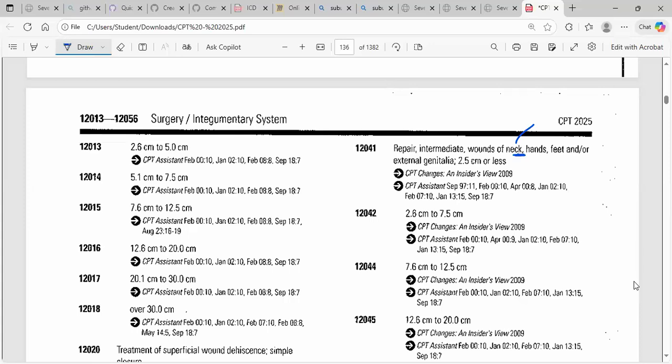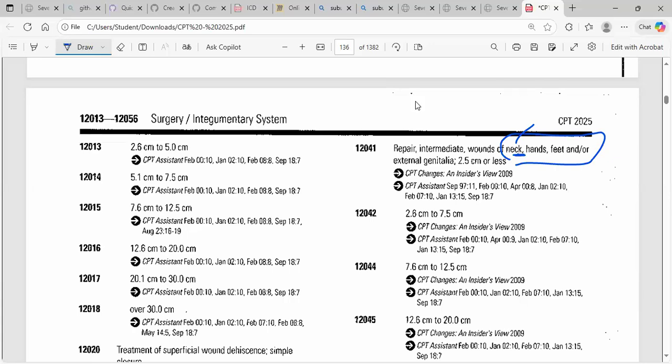Why? Because a different type of layer closure has been performed on both sides. In that case, we are going to code it separately. If the same type of layer closure has been done, simple at both areas, or intermediate at both areas, or complex at both areas, then we are going to add these centimeters for the same classification. Does that make sense?